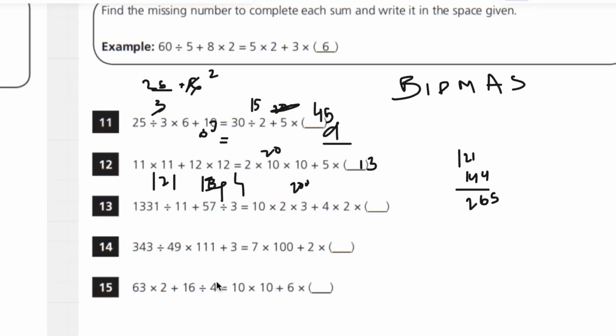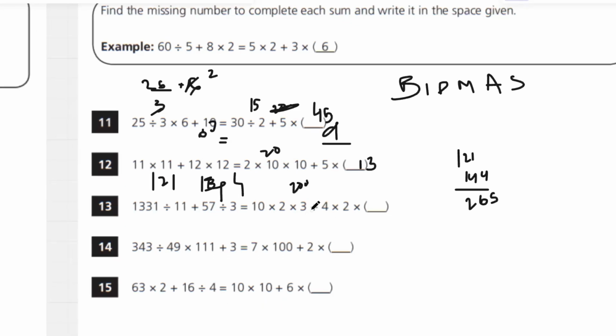Question number 13, 1331 divided by 11. Let's do this. 11 goes into 13 one time, remainder 2, then twice, remainder 1.